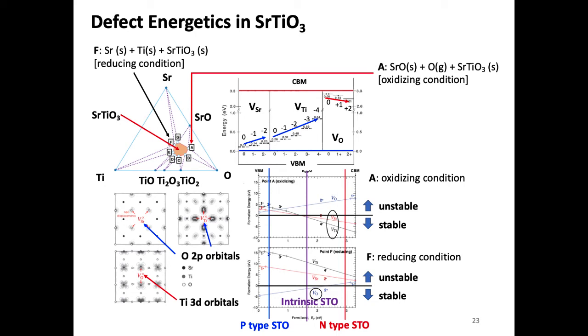And that is understood in terms of the orbitals that are influencing the energetics of each point defect. And we can also understand that the ionizing of vacancies depends on the character of STO, whether it's n-type or p-type, or intrinsic, as you can see on the right lower panel.